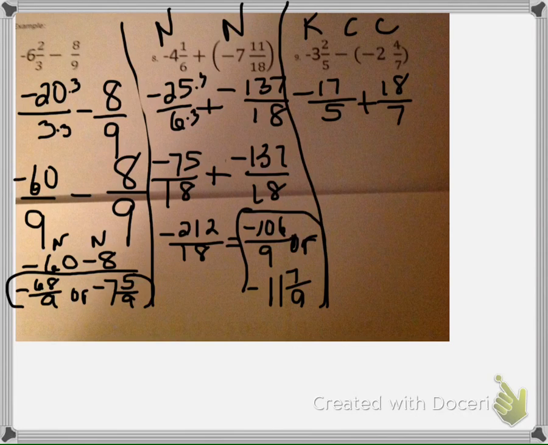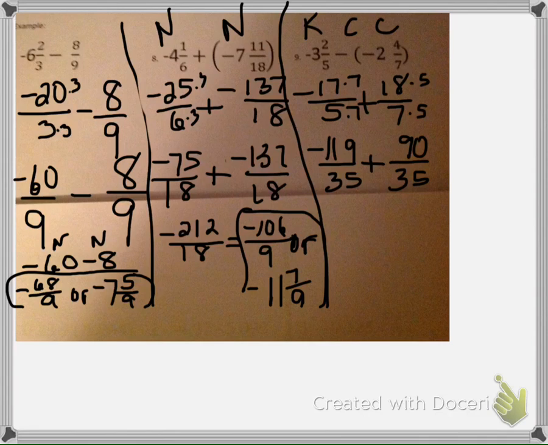Okay, and I have different signs, so I'm subtracting. I need to find a common denominator for 7 and 5, which would be 35, I believe. 5 times 7 is 35, so 17 times 7 would be 119. And 7 times 5 is 35, so 18 times 5 is 90.